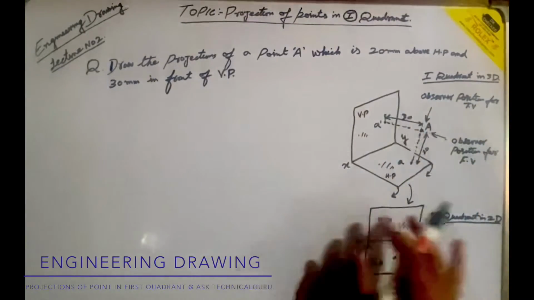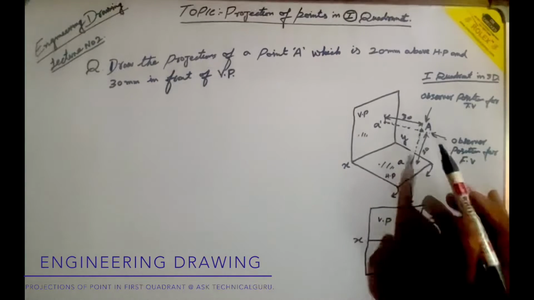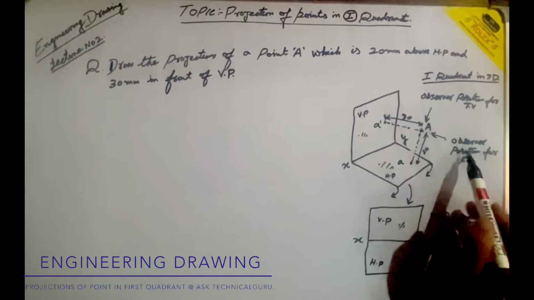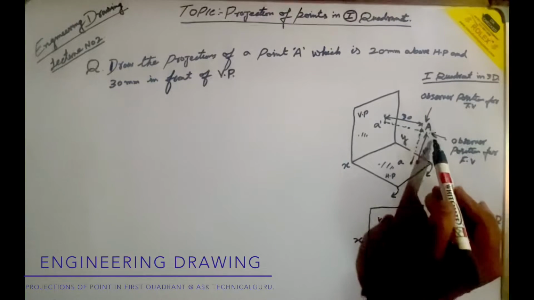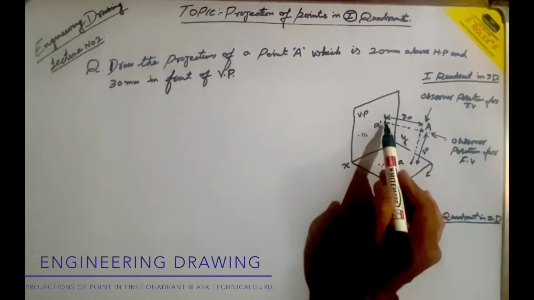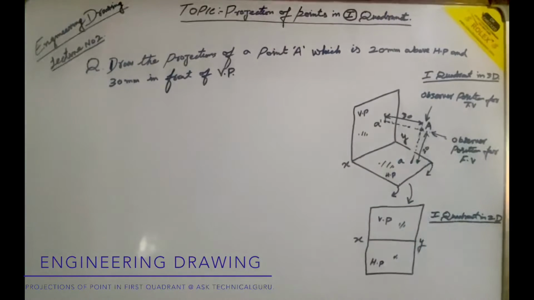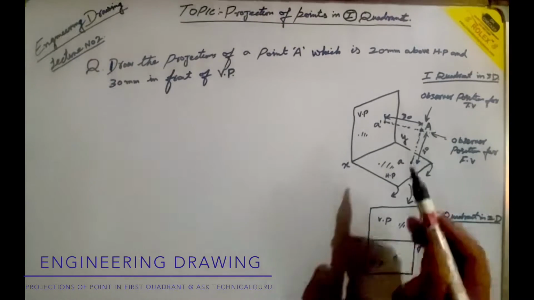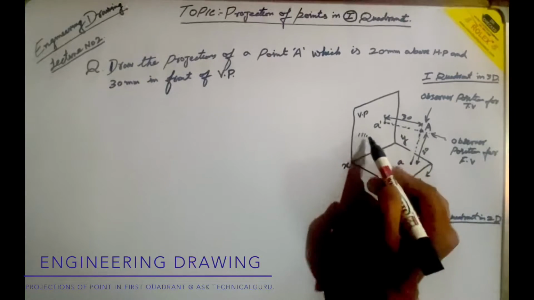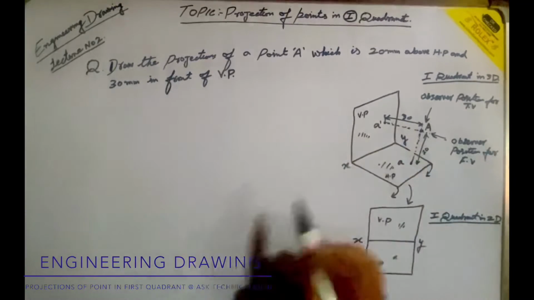In the pictorial or 3D view, A is here, the observer is here, and the observer sees in this direction, and the front view, which is also known as elevation, falls on this vertical plane.